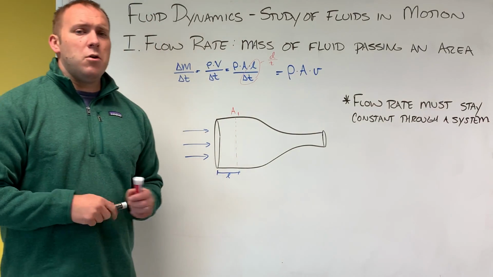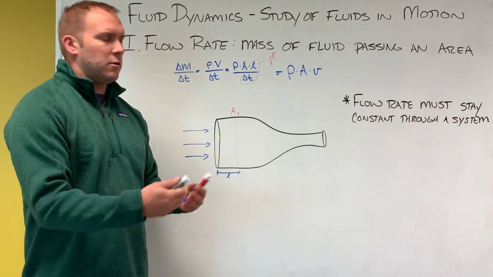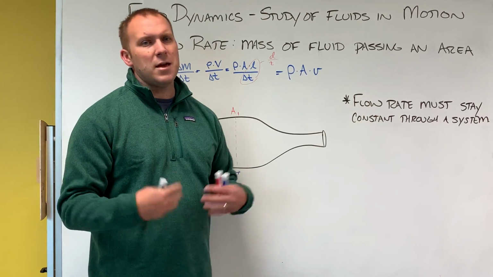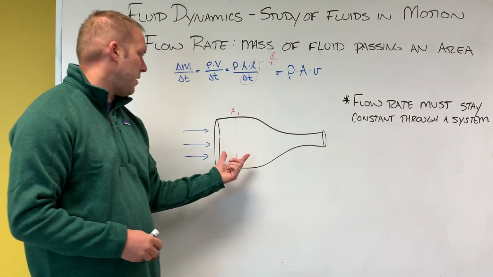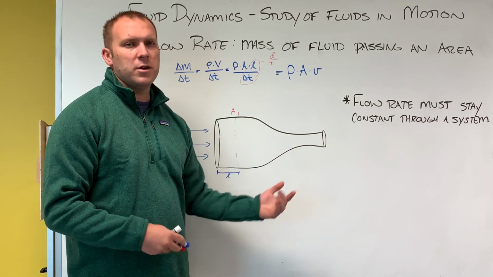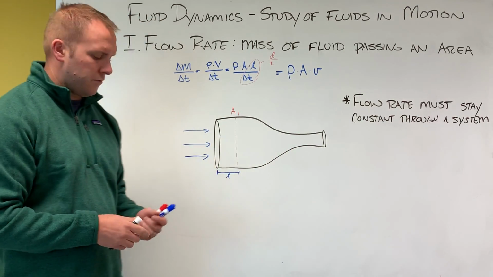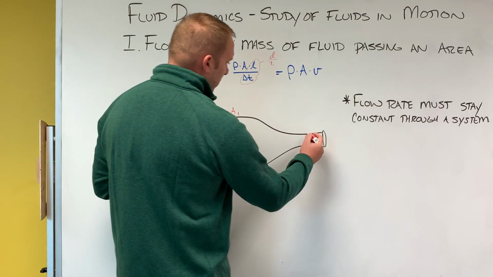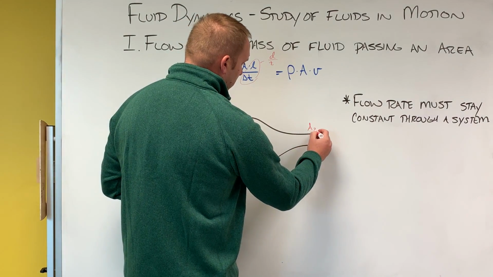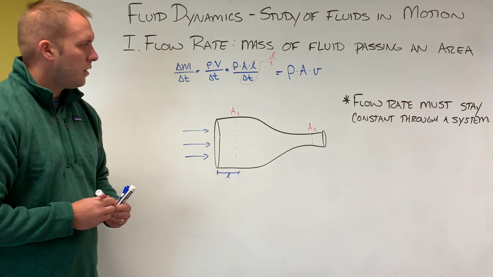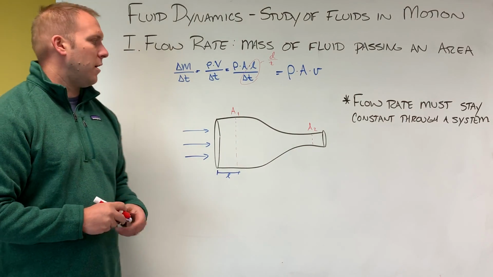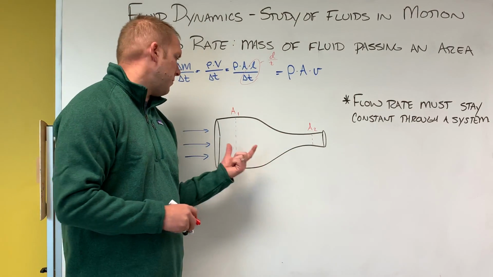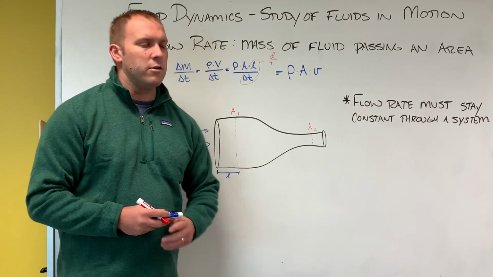Now, what we know about flow rate is that when we're moving through a system, that rate of flow must remain constant. We can't have less mass traveling through here than here, because then they're going to create gaps within our flow. So if we look at area 1 versus area 2, how could we determine how things are going to move from area 1 to area 2?